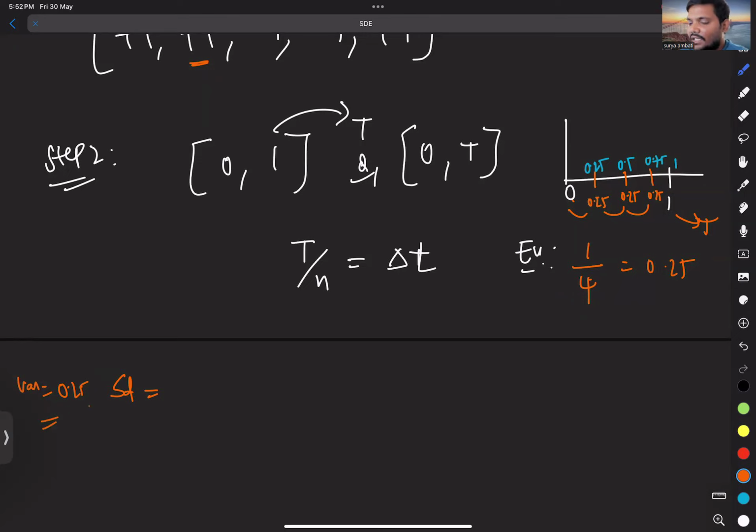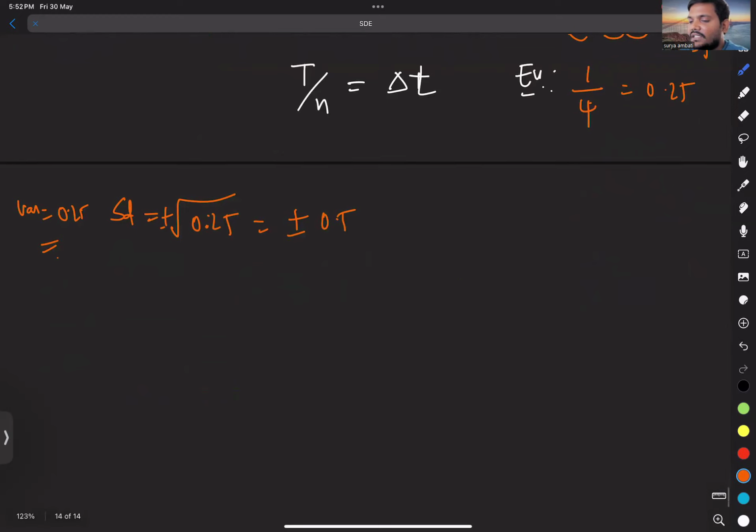This is the squared one, and to get the proper deviation we take the square root of 0.25, so plus or minus 0.5. So now we have variance, standard deviation, and zi.